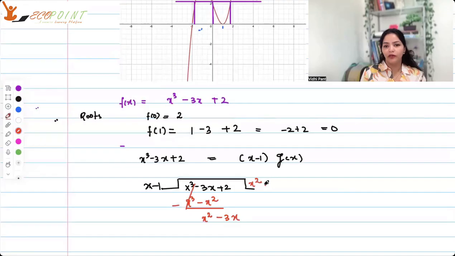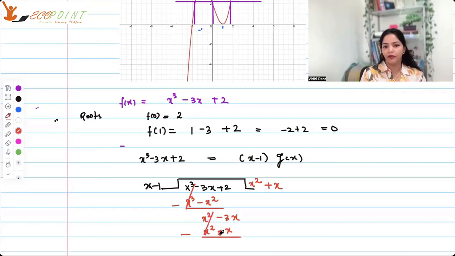Now, in order to get x square, I'm going to multiply by x. So plus x there, and that gives me x square minus x. I'll subtract. I'm going to get this.